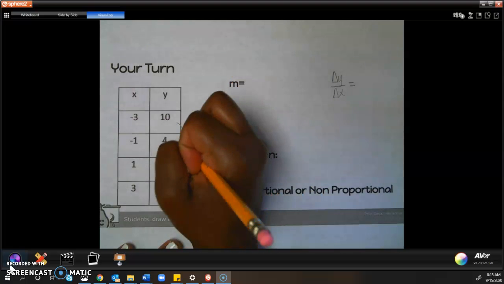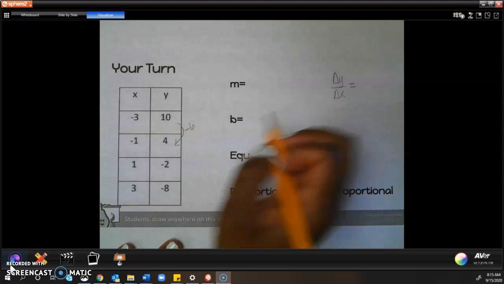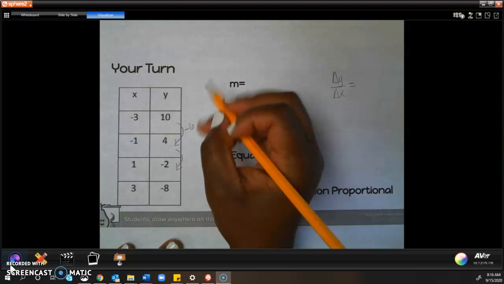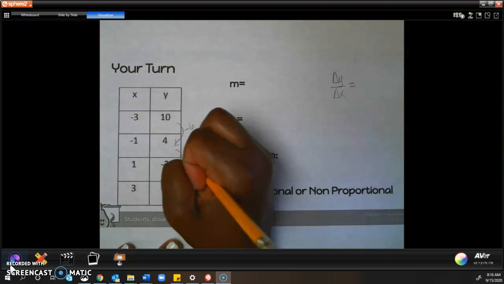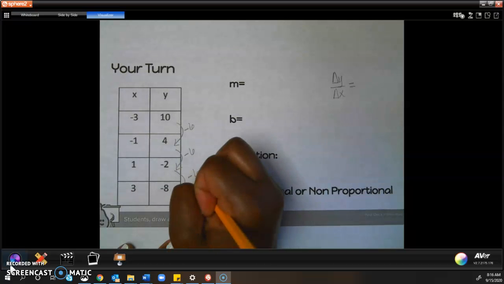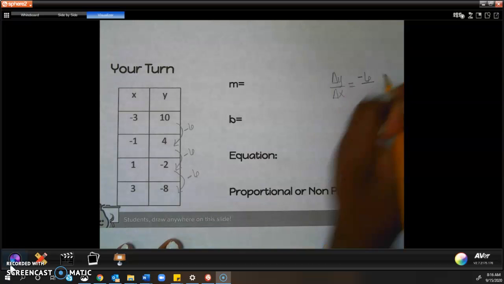So to go from 10 to 4, I am subtracting 6. To go from 4 to -2 is subtracting 6, and -2 to -8 is subtracting 6. So my change in y is -6.